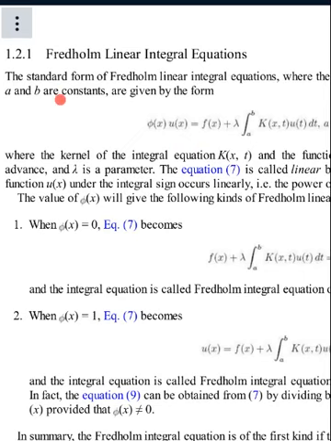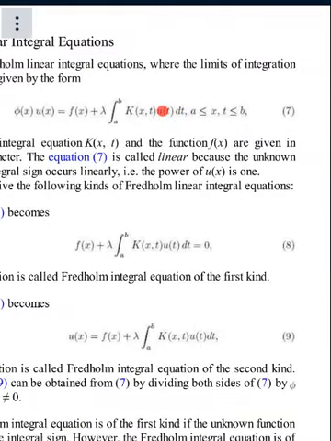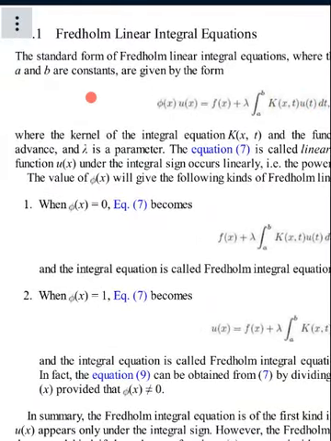The standard form of Fredholm linear integral equations, where the limits of integration a and b are constants. So until now we know that in Fredholm integral equations the upper and lower bounds of the integral are fixed numbers. They are not functions of the variable x.